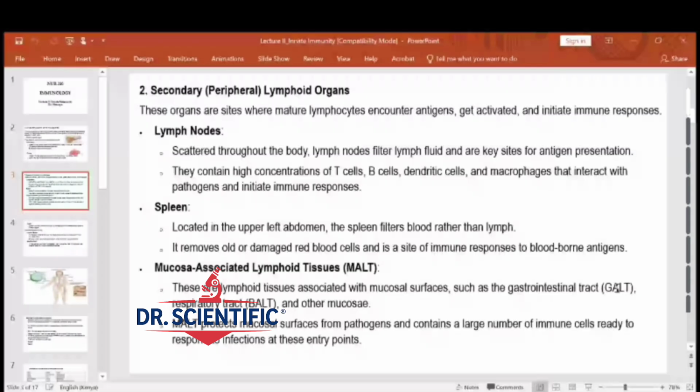And then in the respiratory tract, we have what we call the BALT, the bronchus associated lymphoid tissue. These combined plus other mucosal surfaces are what we refer to as the MALT, or the mucosa associated lymphoid tissue.